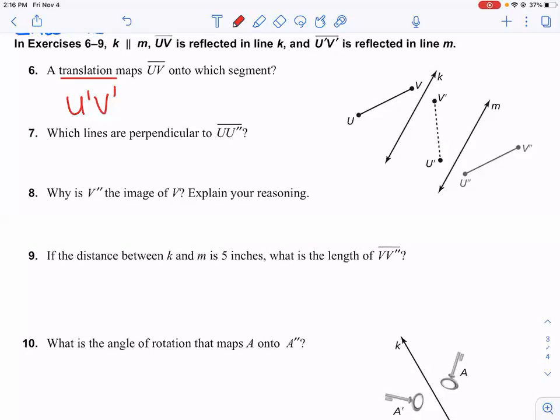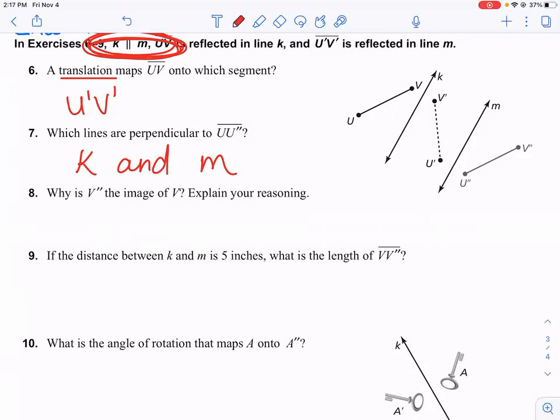Now, if I highlight this U to U prime, who's perpendicular to that? And technically, they're both going to be perpendicular. Not congruent. And look at this right here. Totally is.